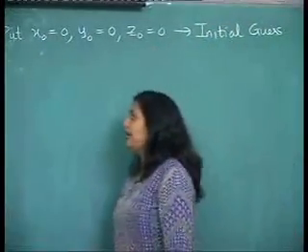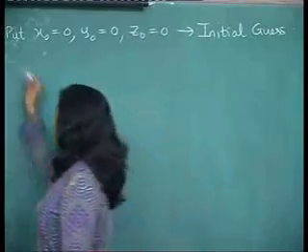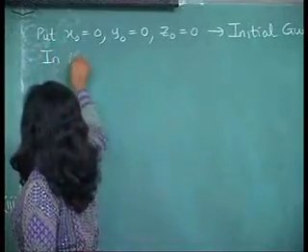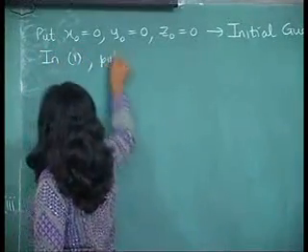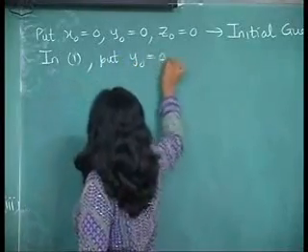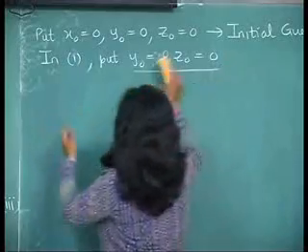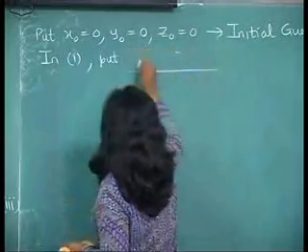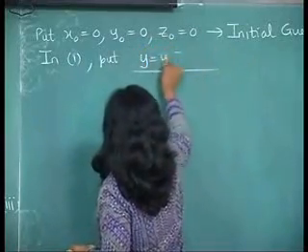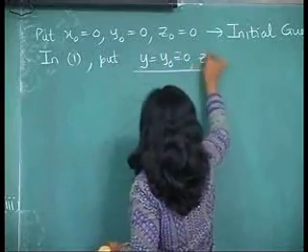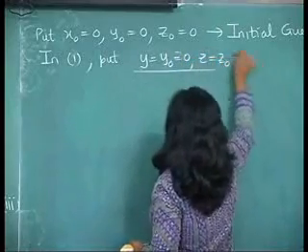So this is where I begin. In equation 1, we will put y naught equal to 0 and z naught equal to 0. Rather, I will put x equal to x naught, y equal to y naught, which is 0, and z equal to z naught, which is 0.